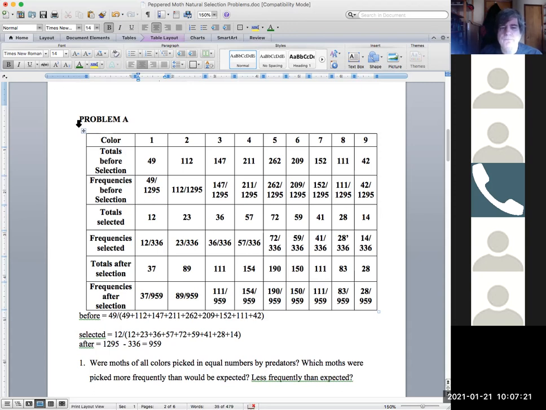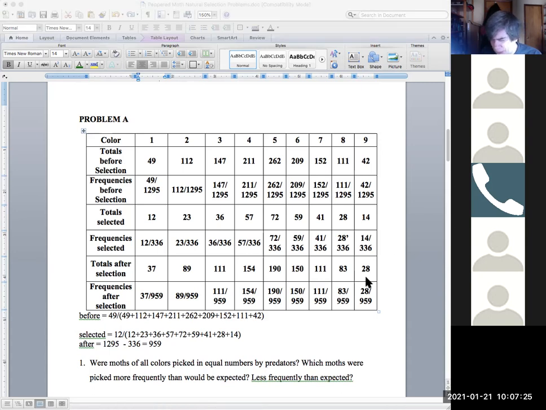So let's look first at number 1 before frequency. And before frequency, we have 49 divided by 1295.